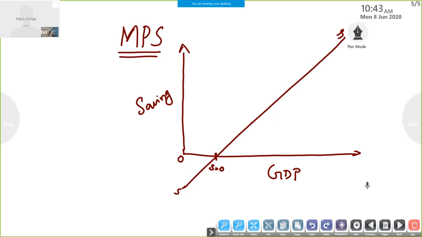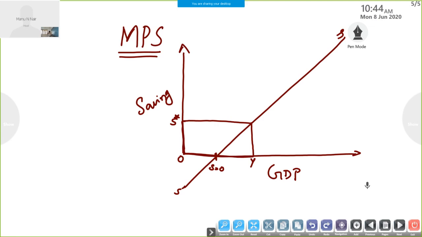Then we need initial level of income and initial level of saving. I am giving S star. Initial level of income is OY and initial level of saving is OS star. Till here okay? Then we have to represent additional level of saving.